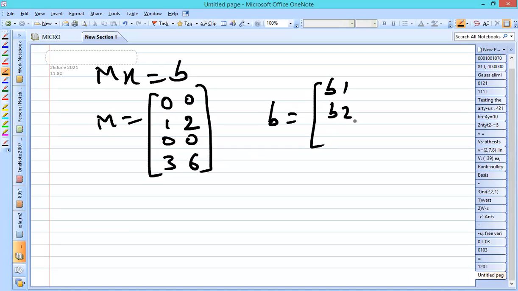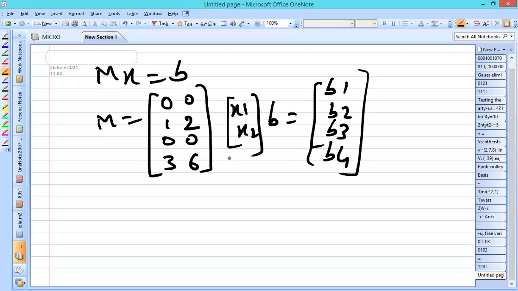Since 4 rows are there, 4 variables will be there on the right hand side. And since 2 columns, here it will take the variables as x1 and x2. So for this, apply the row echelon method and get the complete solution.